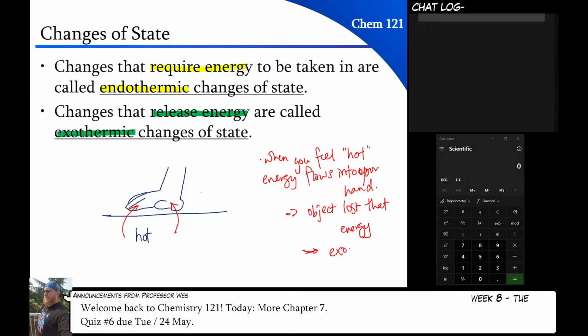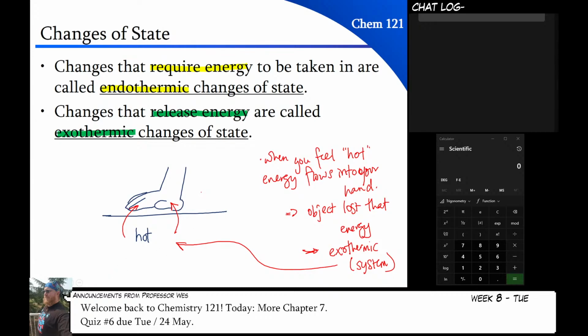And so we would call this exothermic for the system. The system being the object that you're touching. So we perceive exothermic as hot. The energy is leaving the object, and it can cause a burn.